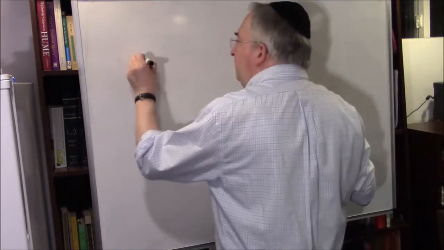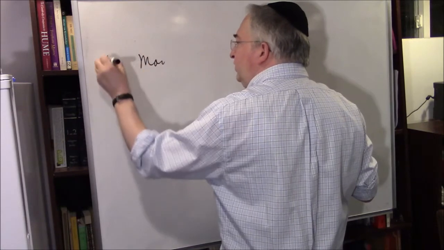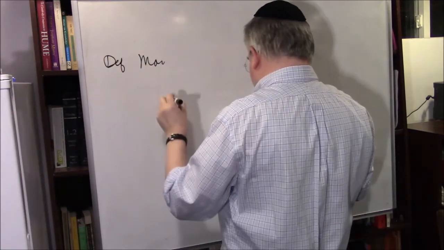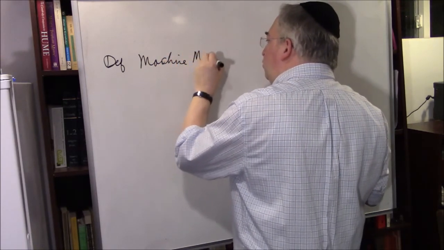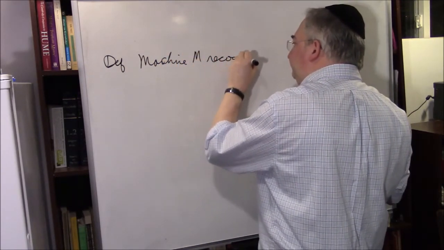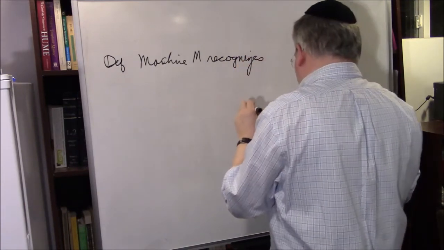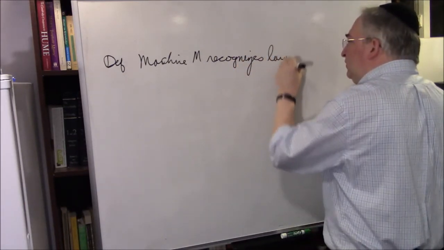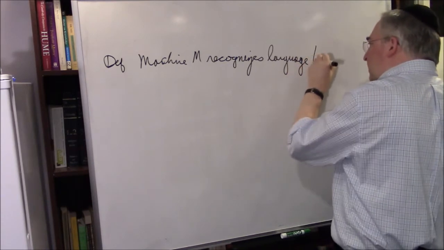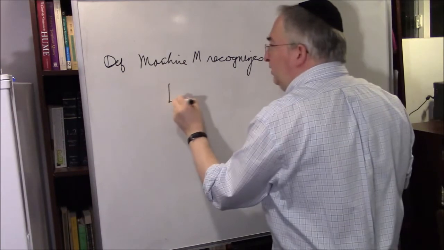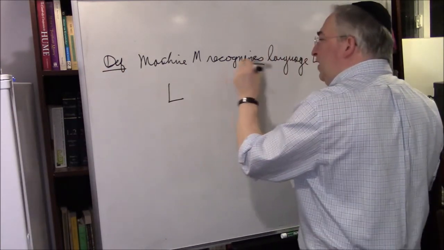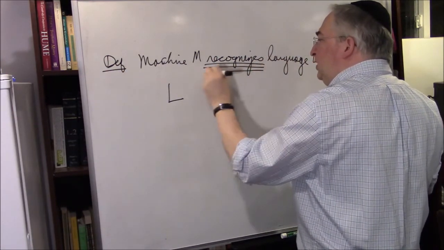Now, let's do the next. Machine definition. Machine M recognizes language L if L, so this is a definition, we're defining the word recognizes.